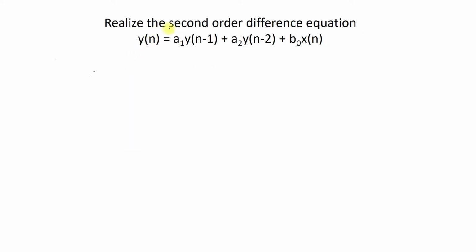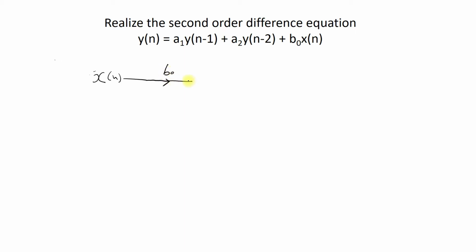Another example is the realization of the second order difference equation given by the expression y of n equal to this one. Now this can be realized as our input side x of n. Now the input side x of n is multiplied with a constant b0, so we can provide a b0 here.